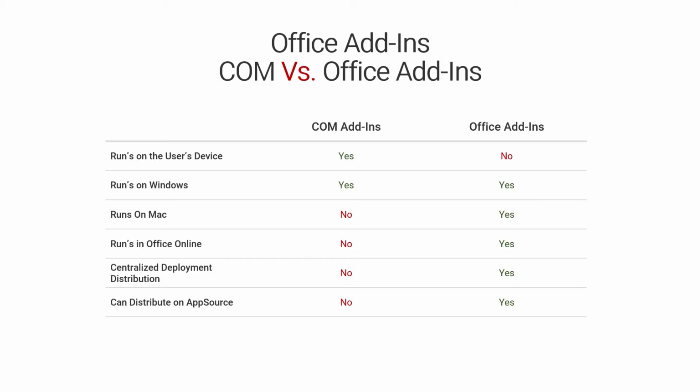You could not run COM add-ins on Mac. You could not run COM add-ins on Office Online. So the web applications were pretty much useless in the form of automation, because you could not write an add-in that would work in the web application. That meant the user always had to use the desktop application in order to use your add-in.